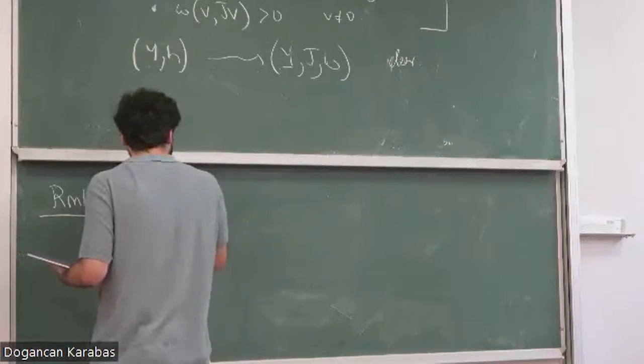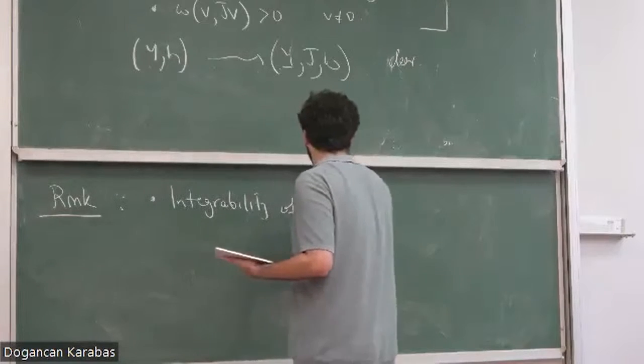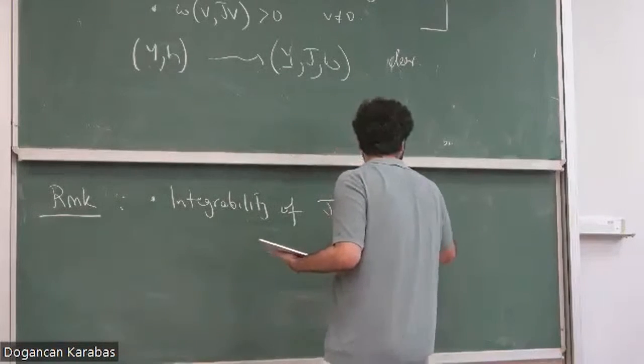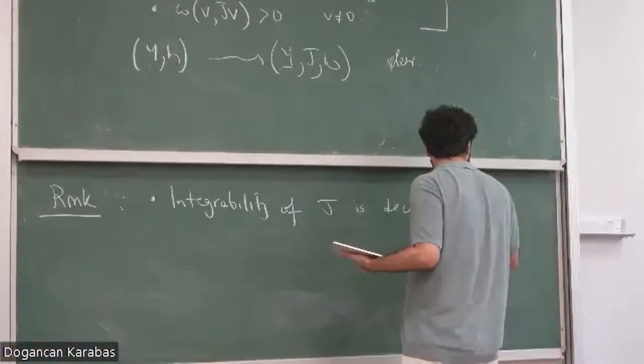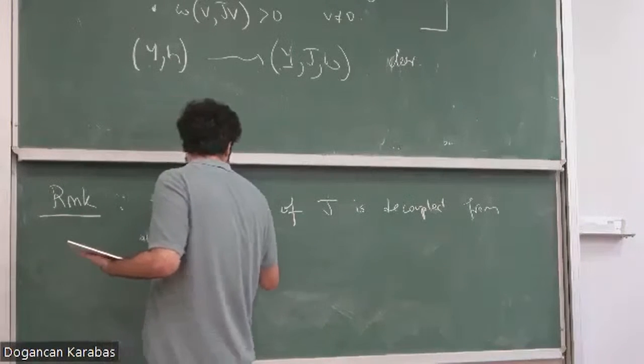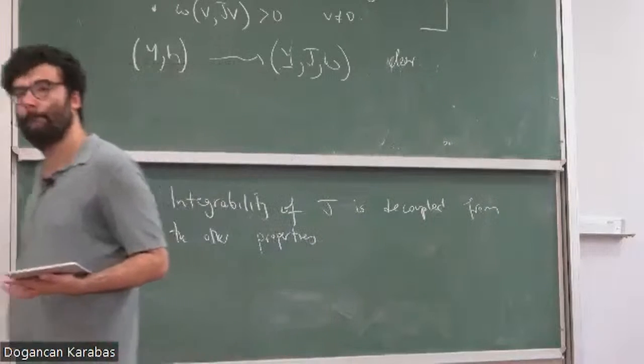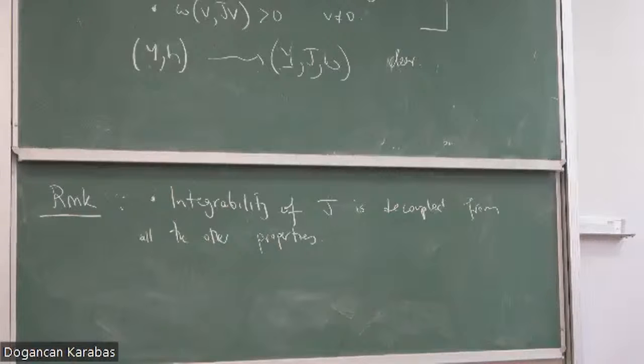So again, integrability of J is decoupled from all the other properties. Okay, so I could just have the same structures, Y bar, J, omega, assume that omega and J combined in this way gives me a Riemannian metric and so on without J having to be integrable. So I can remove that assumption.